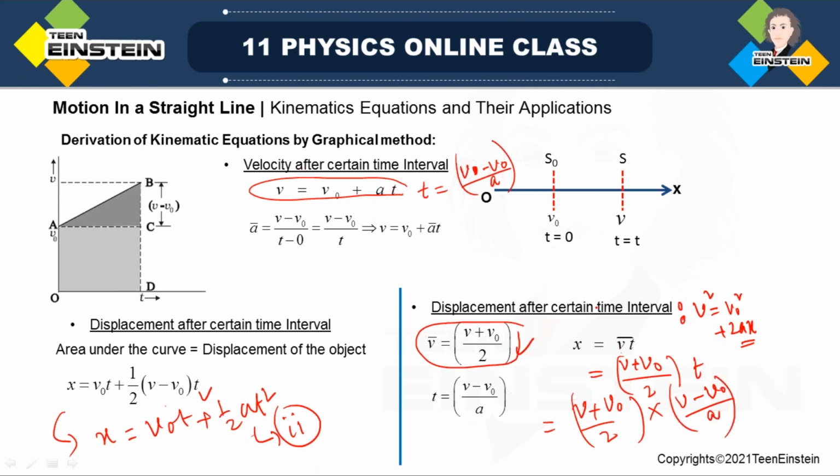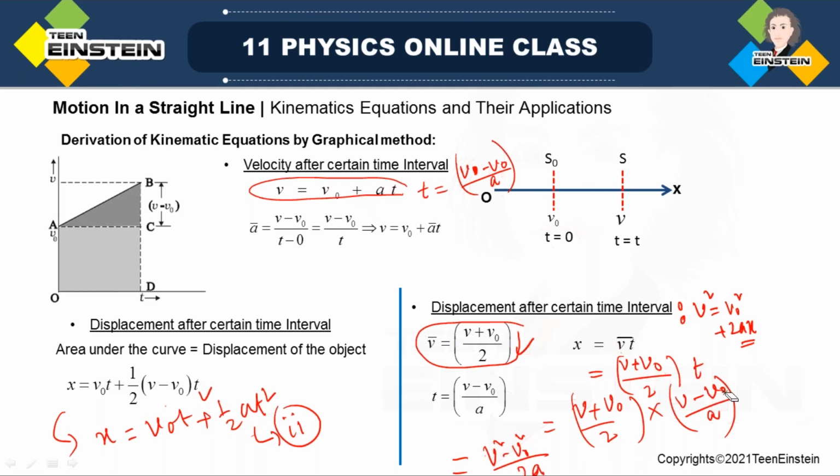So this is the expression. Now if we multiply both, this half will come here, or I'll just keep it in the denominator. It will be v square minus v0 square, because of the a square minus b square formula, and this is by 2a.